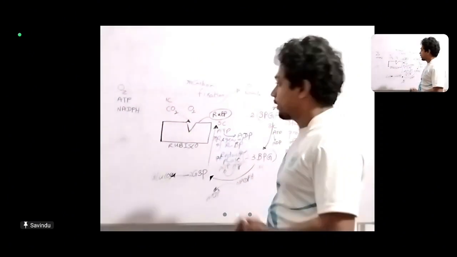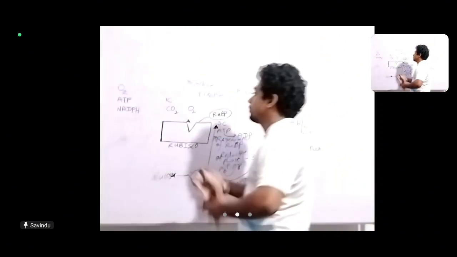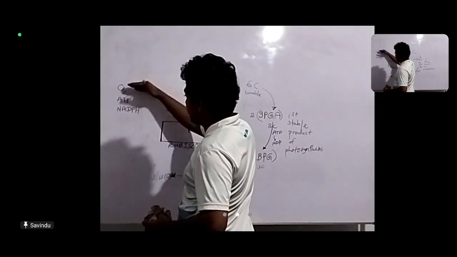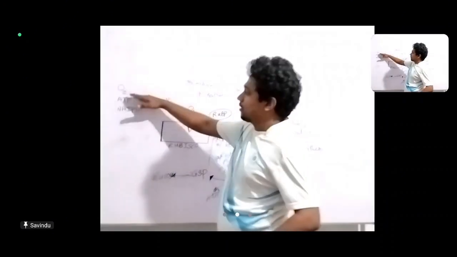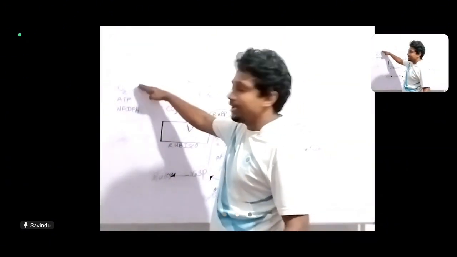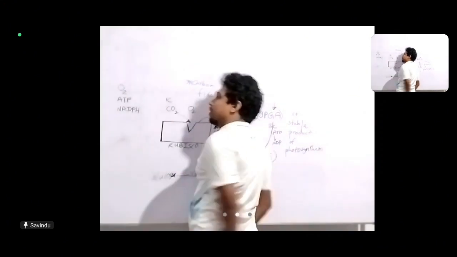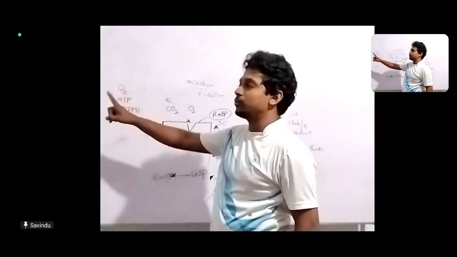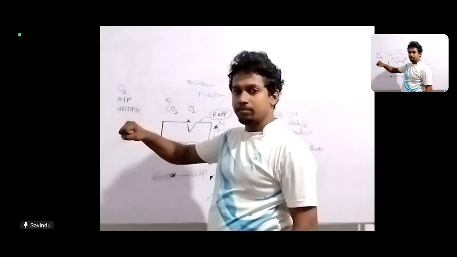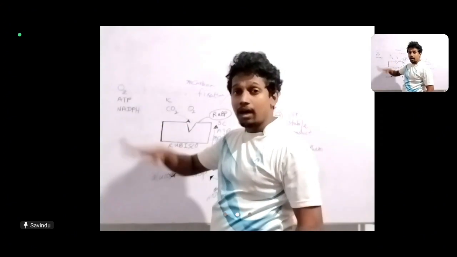Okay? Okay. So, listen to me. So, there were three. Products of light reaction. Oxygen, what happened to oxygen? Oxygen went to enter the environment via stomata. Right?